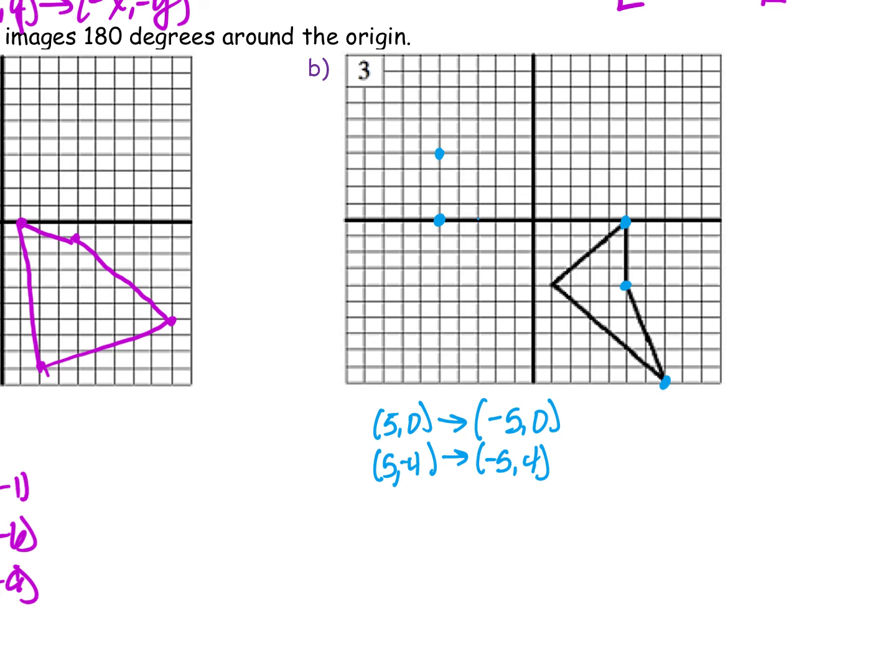Okay, where's this point at? 7, negative 10. And it goes to? Negative 7, 10. Thank you. I'm not flipping them on 180. Negative 7, 10.